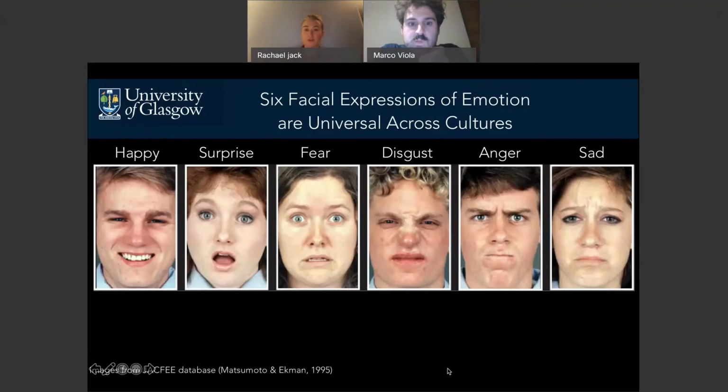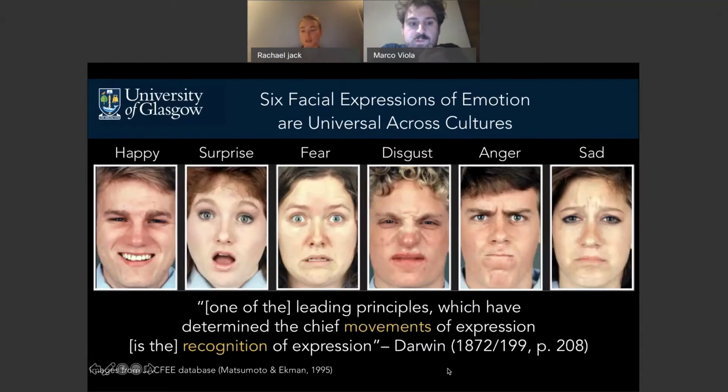I should also point out that one thing that's really important is in the method that Ekman and others have used, they were using perception to understand production. And so this is based on the thinking that if somebody recognizes a facial expression, that facial expression is likely to be produced in their culture.